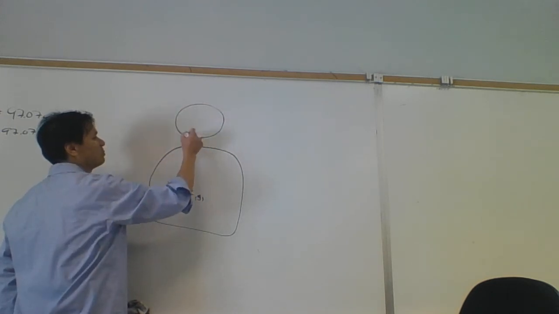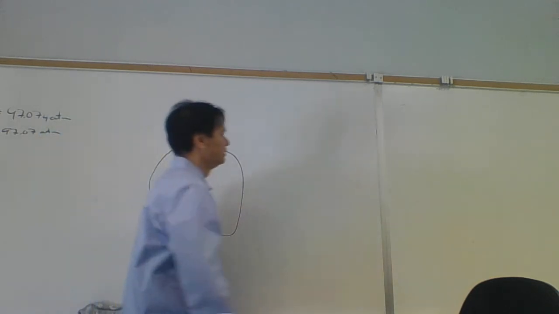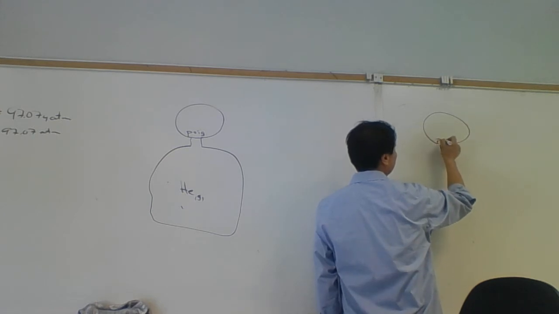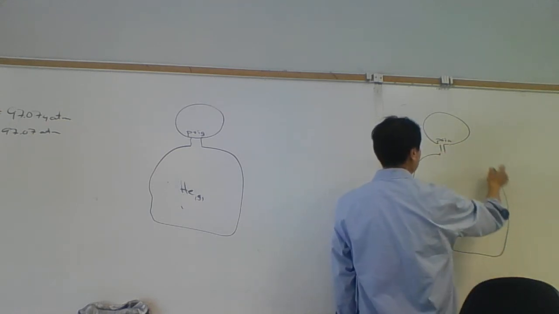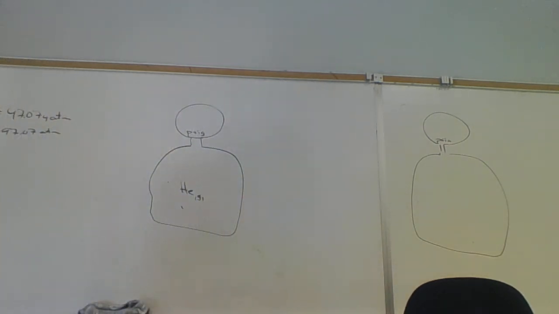One is labeled PSI-G, or I can buy a pressure gauge labeled PSI-A. We'll measure the same helium tank using these two different gauges. What do you think G and A stand for? Gauge and absolute.